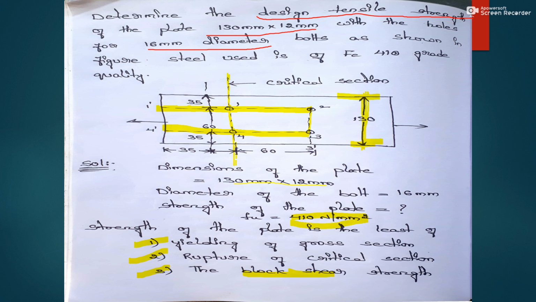So see here, when I have drawn the diagram, I have drawn it completely at the first hole, and then at the second hole I have taken it as half only, the middle. Then here it will cut like this, not completely through the second hole. So it will fail in this way. Okay, so the shear failure will occur in this way.